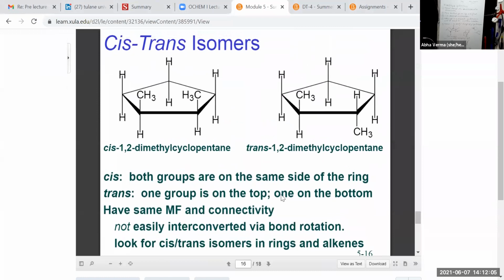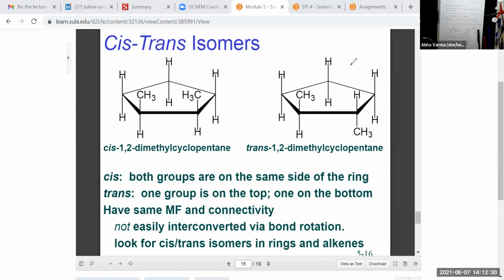So if you look on this slide, I still have another Haworth projection. Haworth projections will indicate that these bonds are coming out of the plane while these bonds are going at the back. So if you look at this carbon, it is much easier for you to see. But if you're at this carbon, how would you see now?